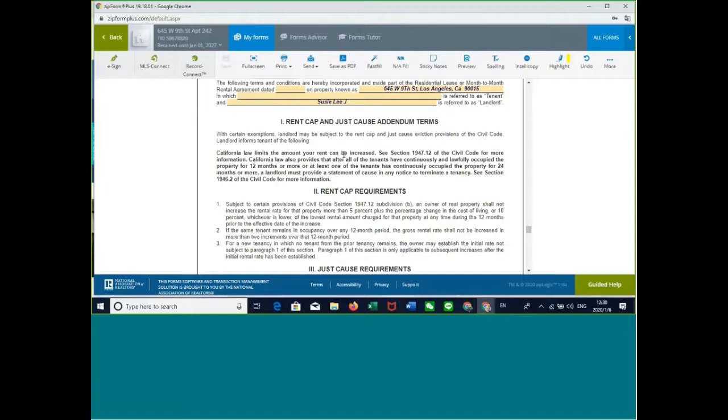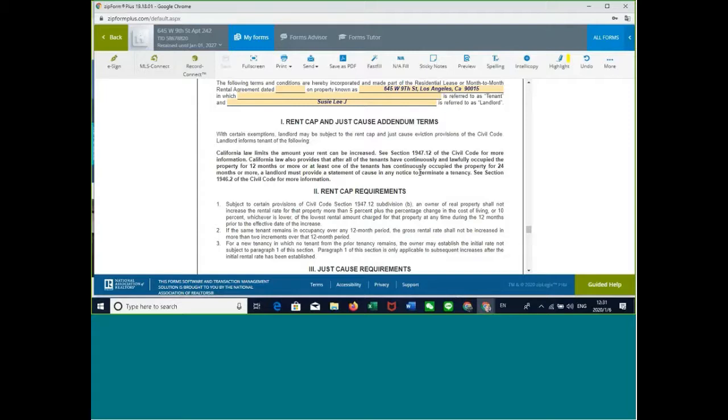Okay. It says here, California law also provides that after all of the tenants have continuously and lawfully occupied the property for 12 months or more, or at least one of the tenants has continuously occupied the property for 24 months or more, a landlord must provide a statement of cause in any notice to terminate a tenancy.